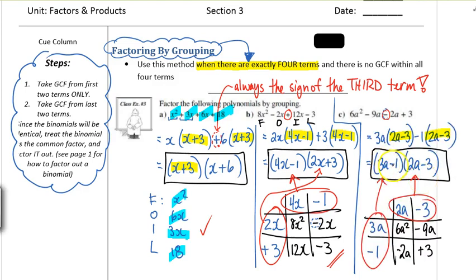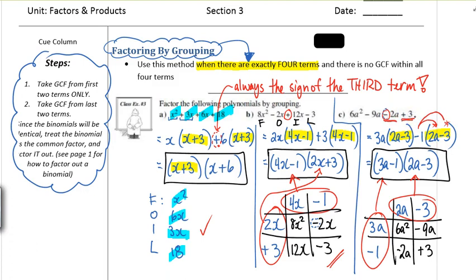Okay, your answer is 3a minus 1, 2a minus 3. When you took out the -1, you have to flip the signs on both terms, and that's what people screw up on. And to know why, just bring the -1 back inside. -1 times 2a has to be -2a, and then -1 times -3 yields the +3.